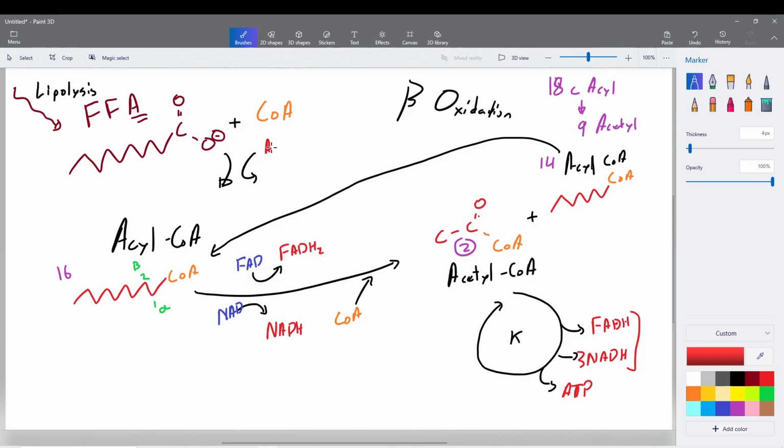We go from a molecule of ATP, and we actually go down to a very, very low power version where we essentially lose 2 molecules of phosphate, and we go down to a molecule of AMP. We go all the way down to a monophosphate. So we've lost 2 phosphates to pay for this cost.